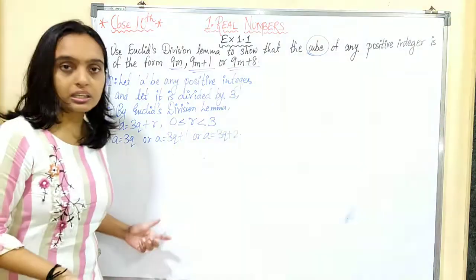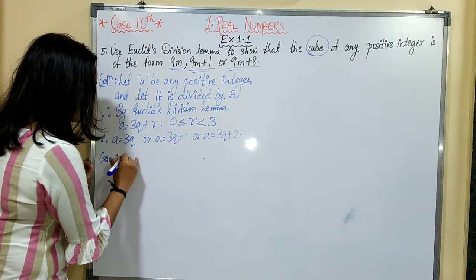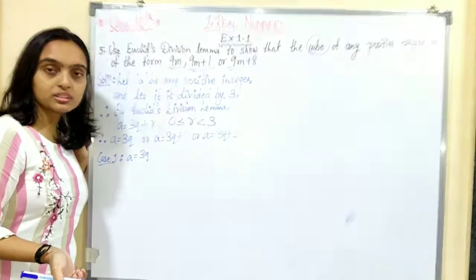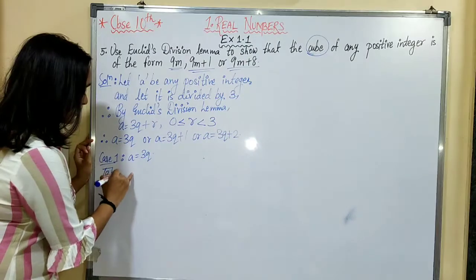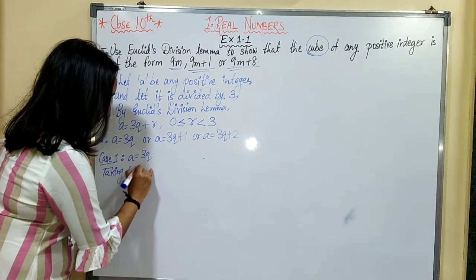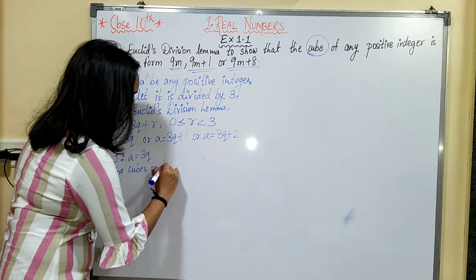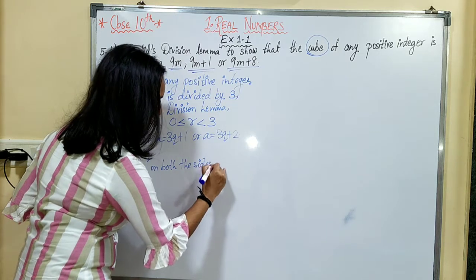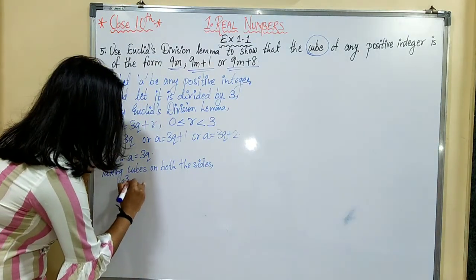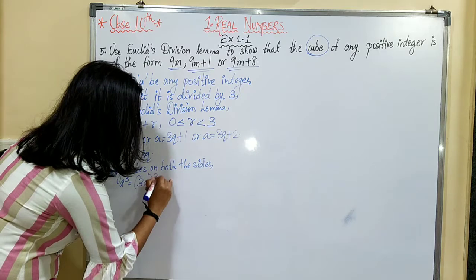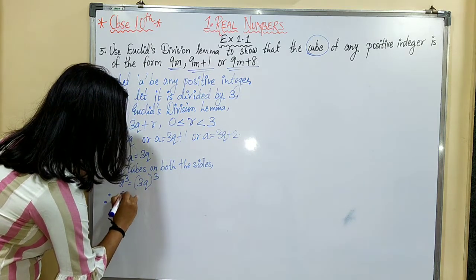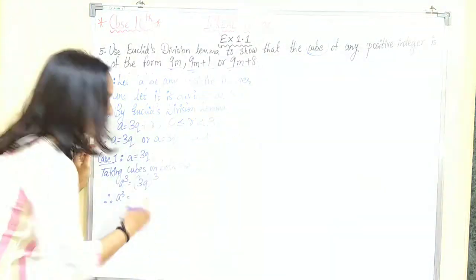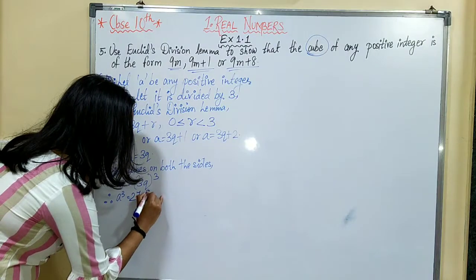Then again by taking cases, so case 1, when your a equals to 3q, taking cubes on both the sides, what do we get? a cube equals to 3q the whole cube. So therefore a cube will be 3 cube, 3 3s are 9, 9 3s is 27, so 27q cube.